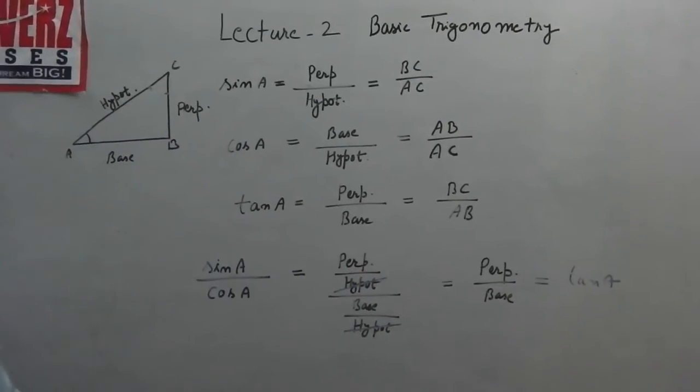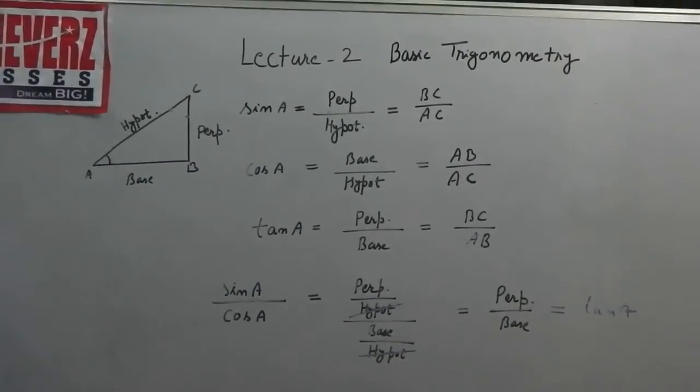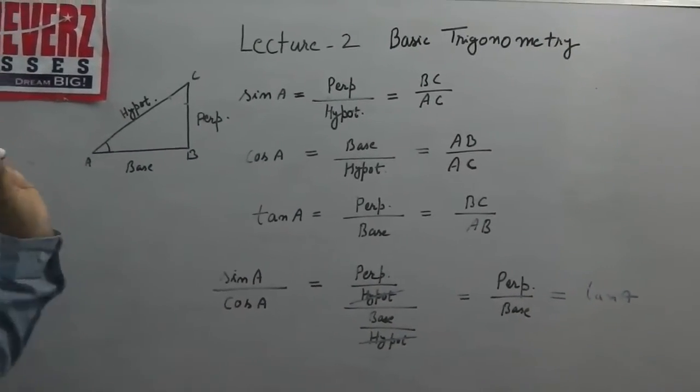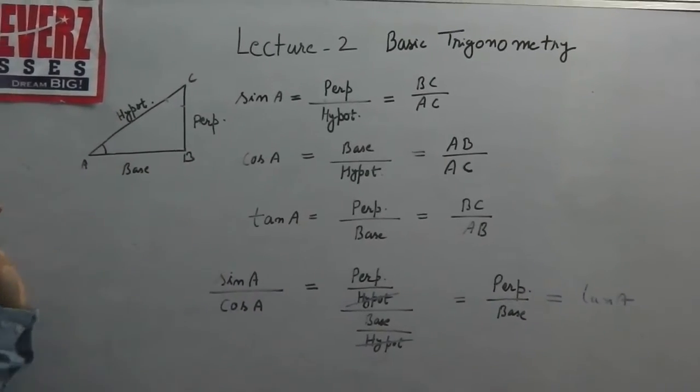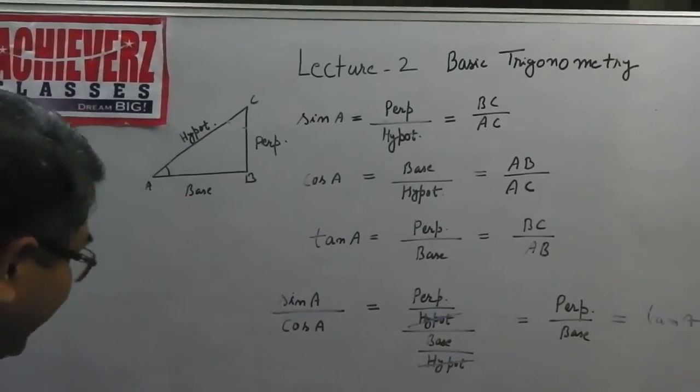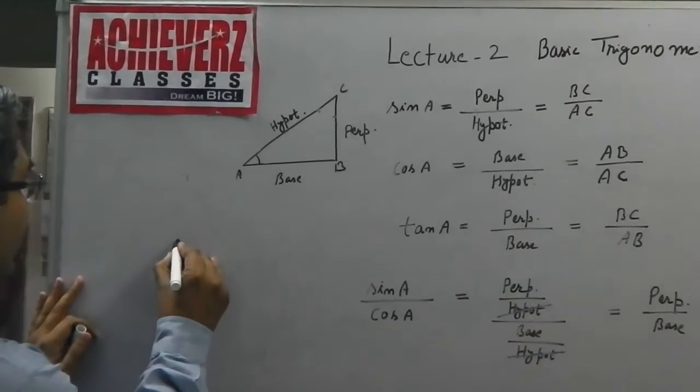Please remember this. Now let's come to a question: how we can find different ratios in a triangle. Let's say we are given a triangle.